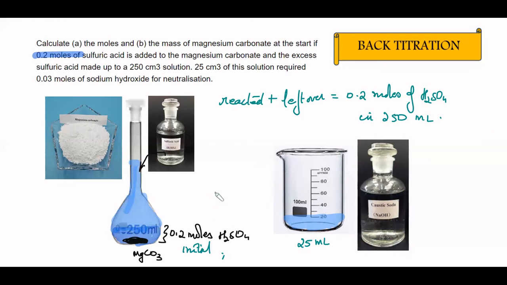Again, the question clearly states that 0.03 moles of sodium hydroxide is consumed for the process, reacting with the moles of sulfuric acid left over in this 25 ml solution. So now, in order to proceed with the calculation, let me assume that the reacted amount is X.